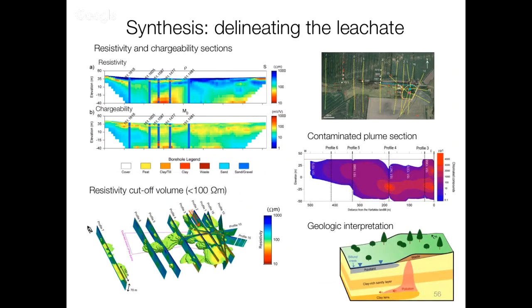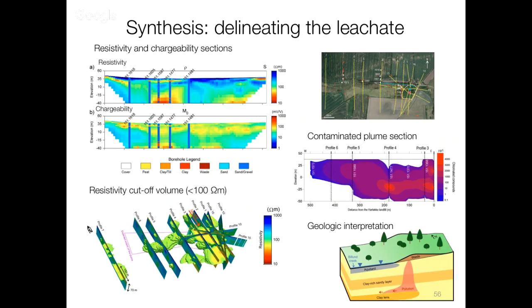If you, again, look at a line across here, so that we're on that blue line, we have different kinds of profiles. Profile 4 is this guy here. Here's the waste dump. Here's profile 4. And if you look at the resistivity, you see there's this major resistivity low here.